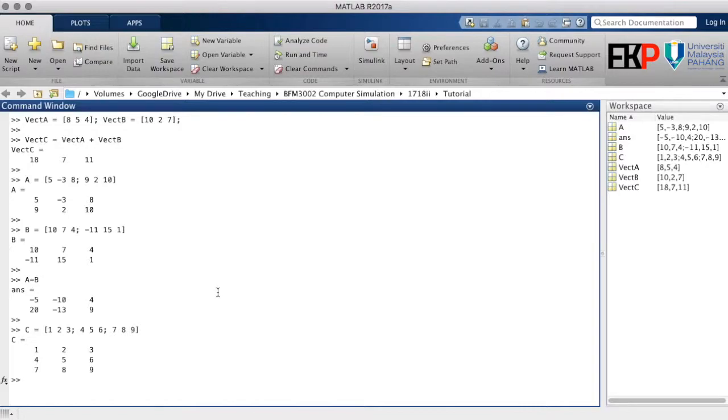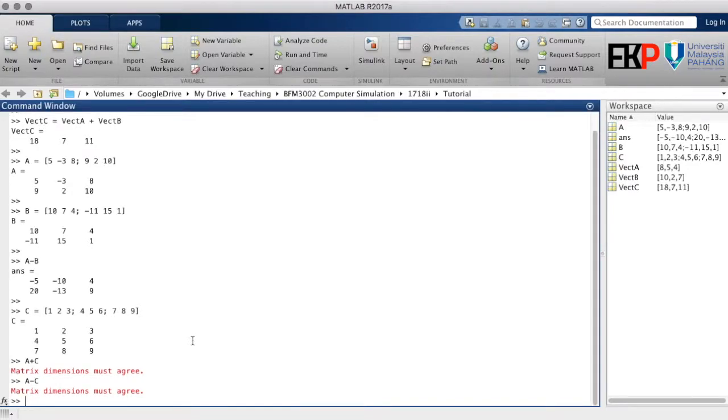So if I do, for example, A plus C, MATLAB will give an error because A is a 2 by 3 matrix and C is a 3 by 3 matrix. So the dimensions of these two matrices do not agree, so they cannot be added or subtracted. The same error will appear if I do subtraction of these matrices.